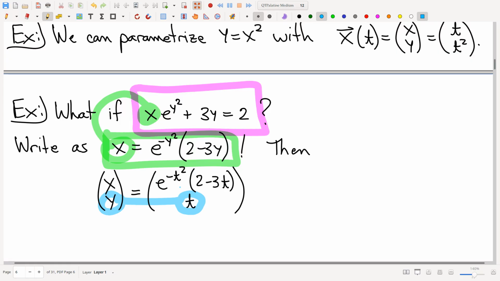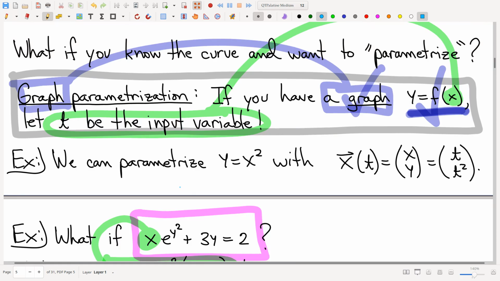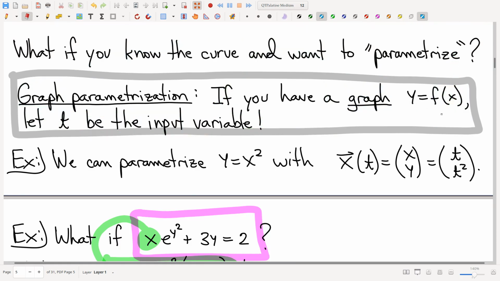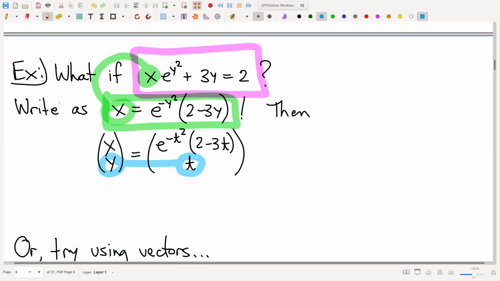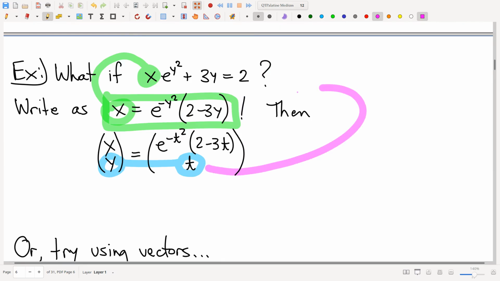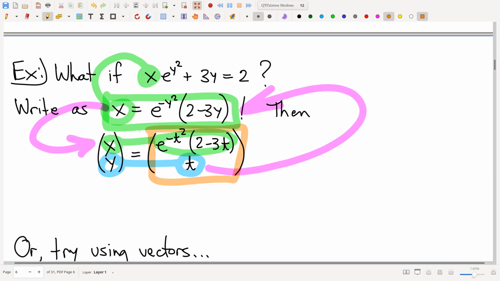The rule, back up to here, is that t is the input variable. We're letting t equal the input variable, and then again, my hands are kind of tied at this point. If y is equal to t, then that forces me into x being this function of t. And again, victory, position as a function of time, and that's a parameterization. Everybody with me?